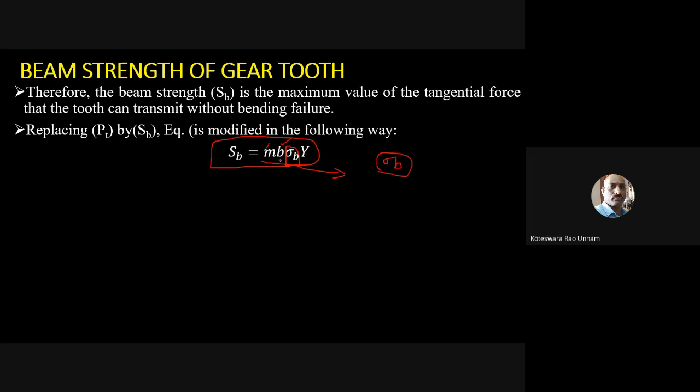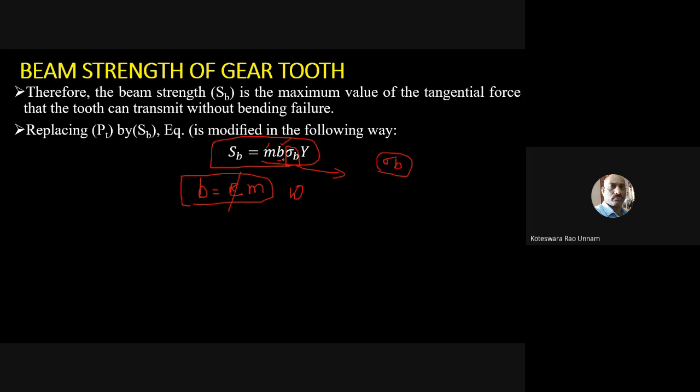Generally this b, that is the face width, is expressed as some constant times the module. Let us say that constant is c, so the face width can be written as c times m, where c is some constant, maybe 10 times module or 5 times module.